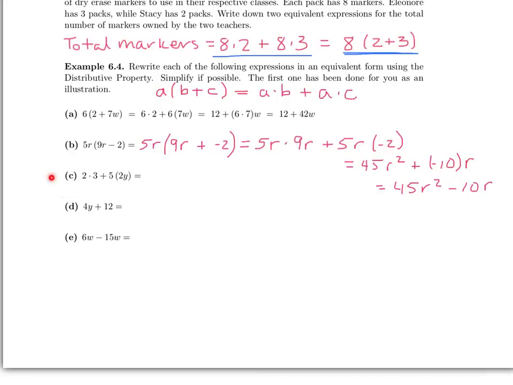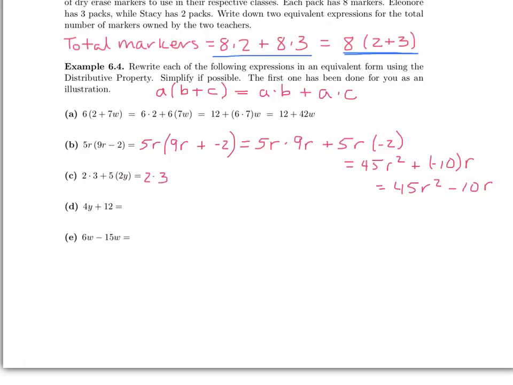Now let's look at C. If you look at the expression that's given, it's not in this form. In fact, this expression is actually given in this form. How can you tell? Well, this expression is the sum of two terms, and notice that each term has a common factor of 2 inside it. We can write it so that this is a little more clear.